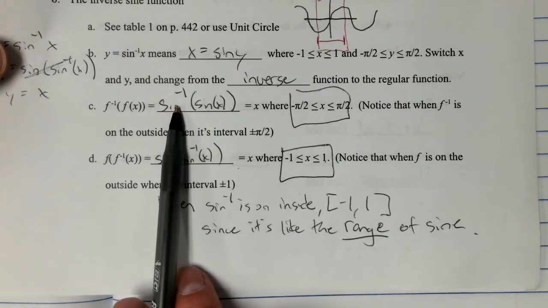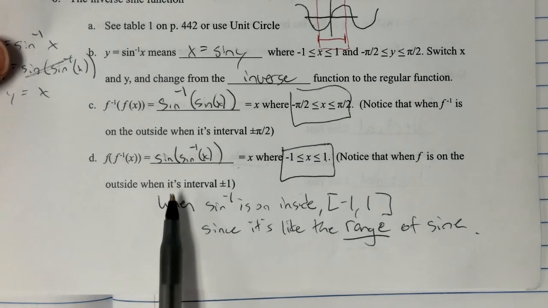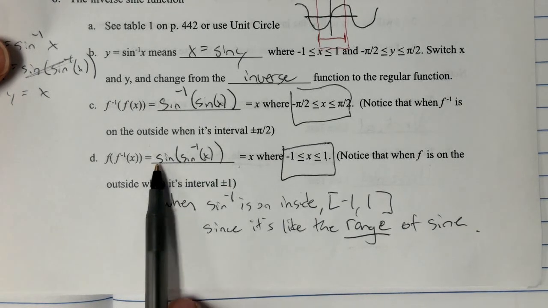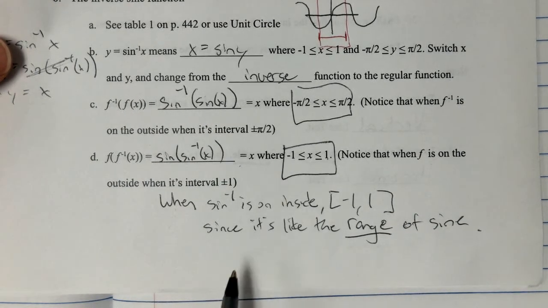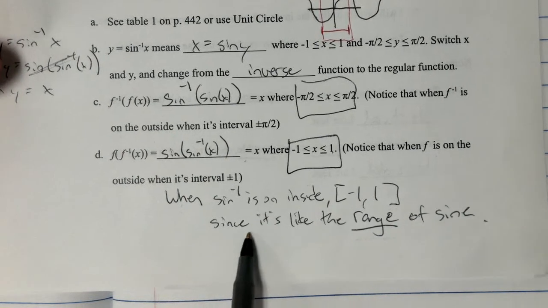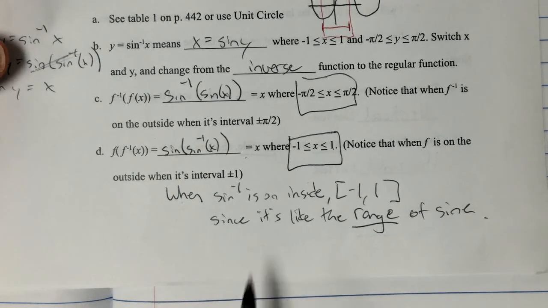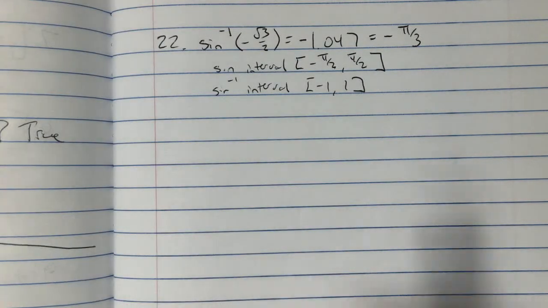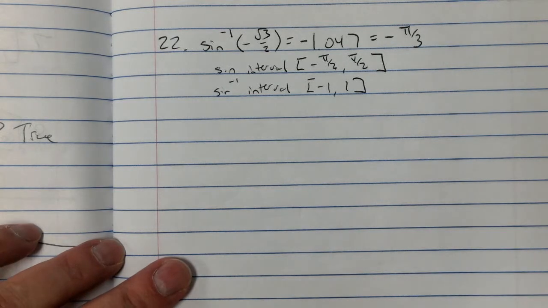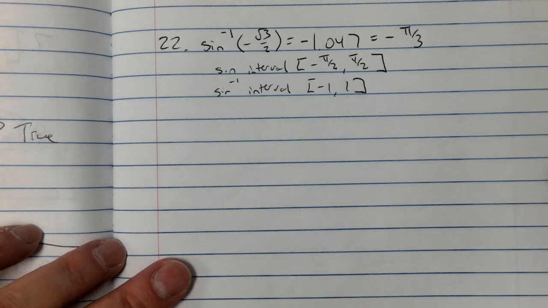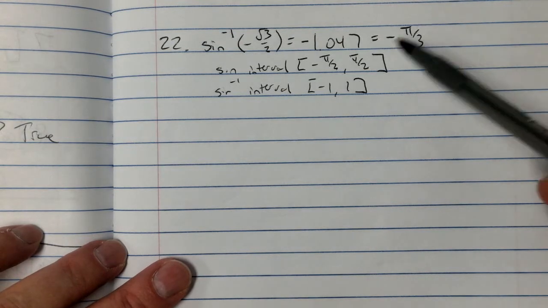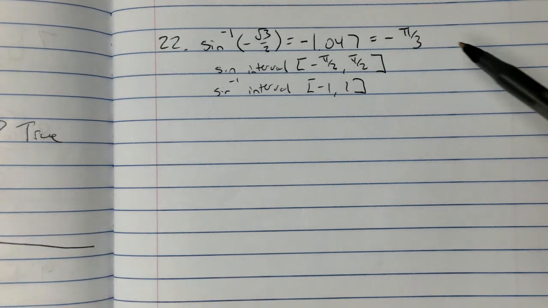That's when it was sine inverse on the outside, and then the sine on the outside was -1 to 1. Anyway, you use your calculator and you find it's negative pi thirds.